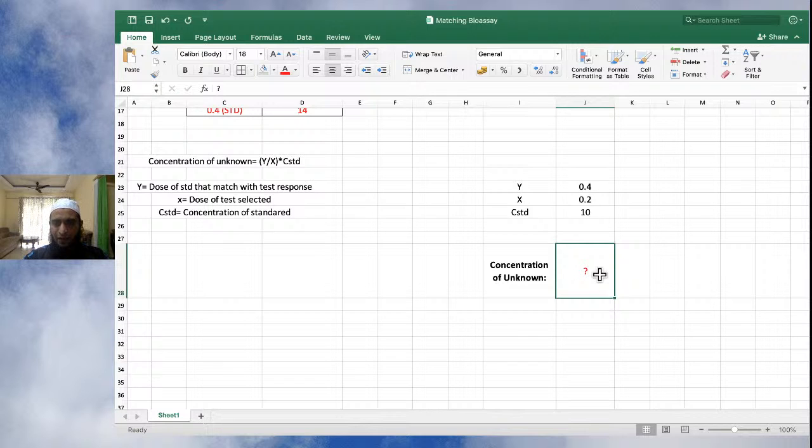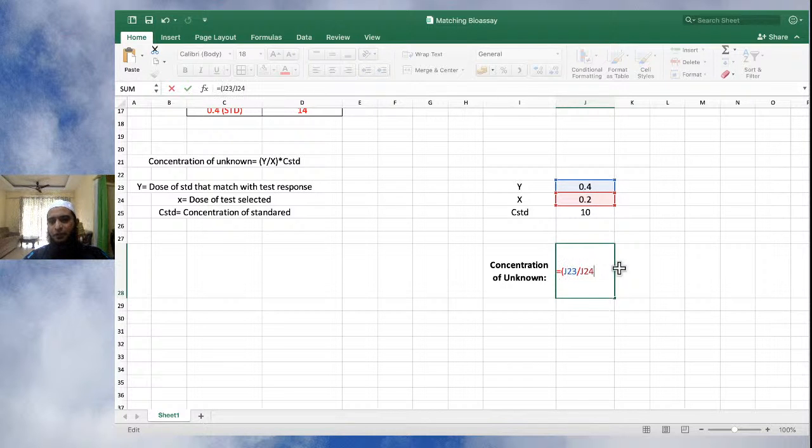So let's calculate that. Concentration of unknown is equal to the dose of the standard that matches with the test, that is Y, divided by the dose of the test that is selected, that is X. Then I am writing this value in a bracket, because it is multiplied by the concentration of the standard, that is 10 microgram per ml.